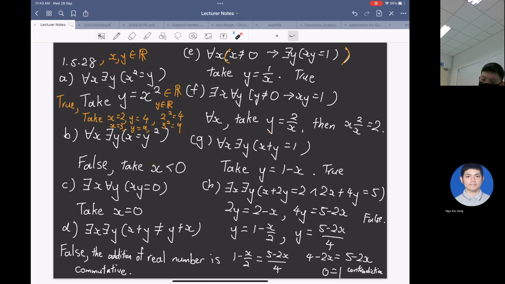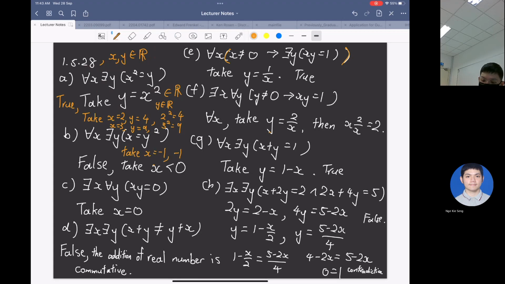Please stop me if I'm too fast. Second question, for every x there exists y such that x equals y squared. False. Why is it false? Take x equal to -1.